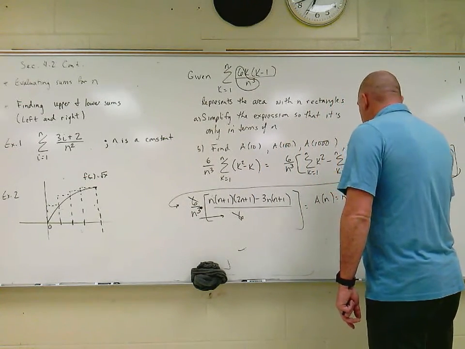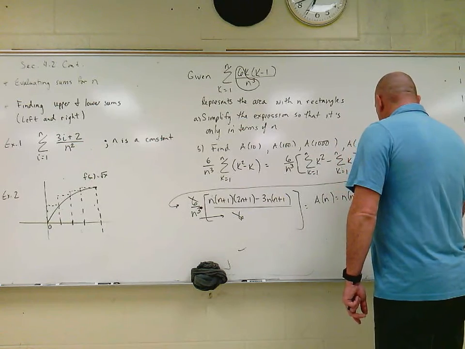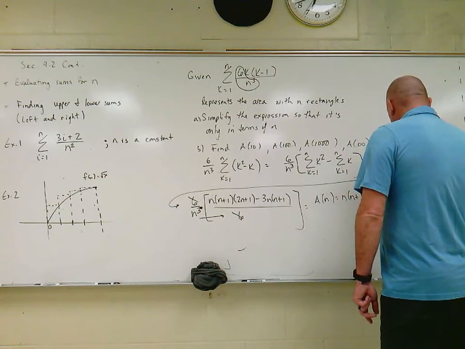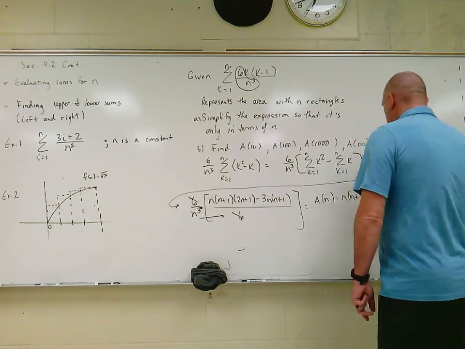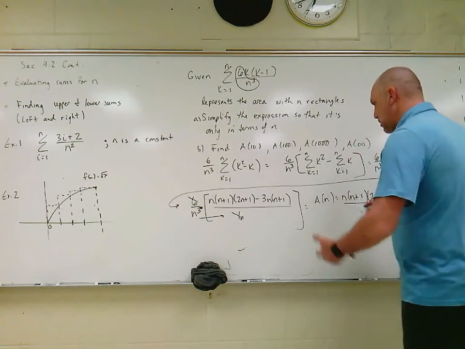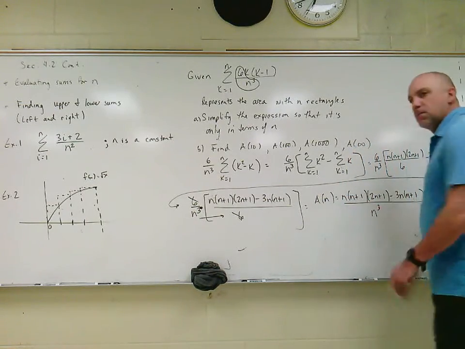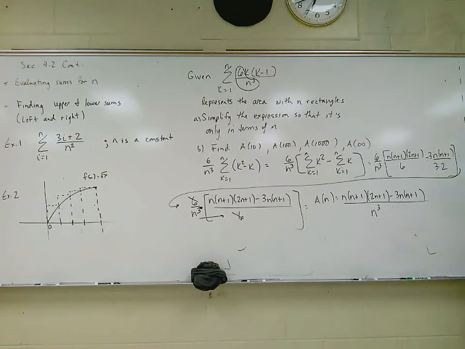I'm choosing not to expand the top because I'm trying to save time, and I'm just going to plug my n in there. Maybe it makes a little bit more work for you, but I'll show you when we get to where we have to do the limit how I can think through and know what the limit is. So I'm going to save time and not expand it. Okay? All right, there you go. There's your formula. So this should represent some area with n rectangles.